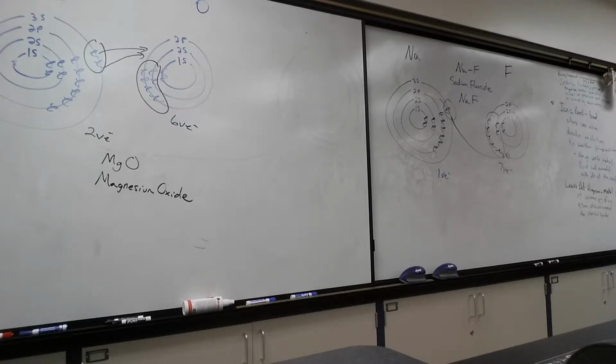So does it make sense that they would bond together easily? Yes. 1 and 7. And then this column, the alkaline earths, and then the oxides here, the 6th one. Does it make sense that they would all bond together easily? 6 and 2, right? And you go in one more to here. 3 and 5, right? Does that make sense?